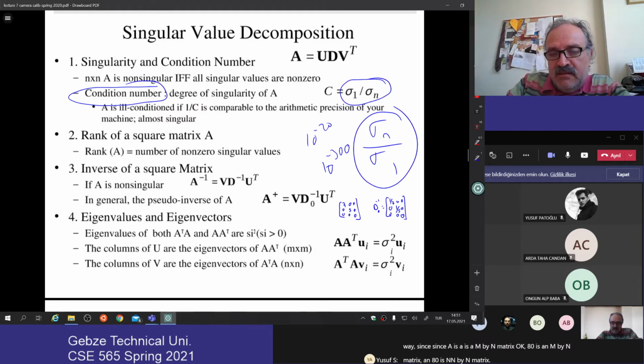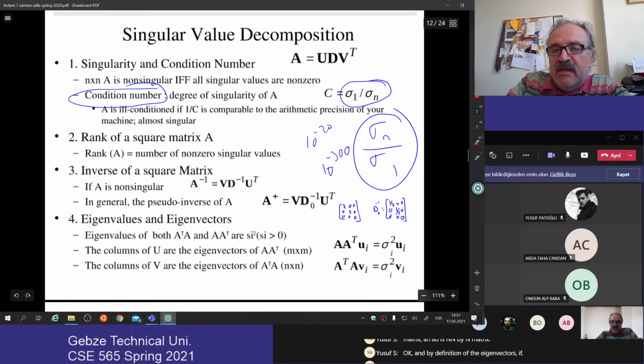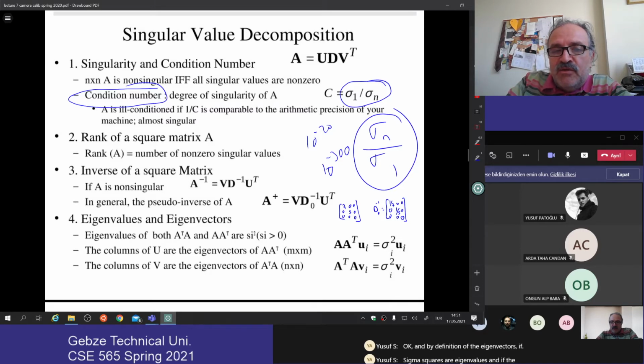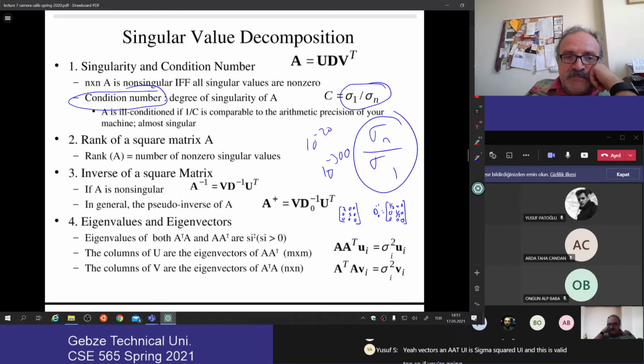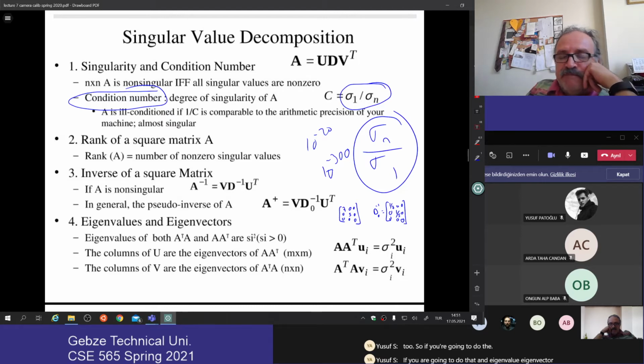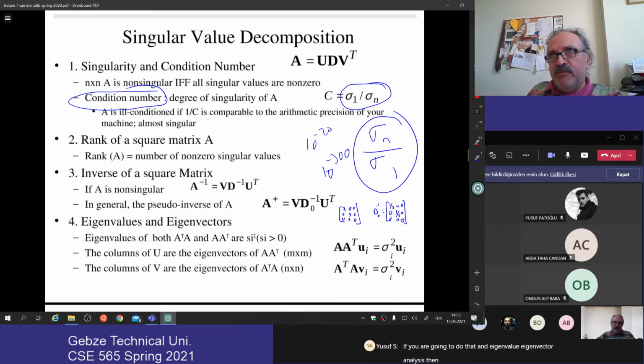And by the definition of the eigenvectors, if sigma squares are eigenvalues, and the columns of U are my eigenvectors, then AAT ui is sigma square ui, and this is valid too. So if you are going to do the eigenvector analysis, then singular value decomposition is something.